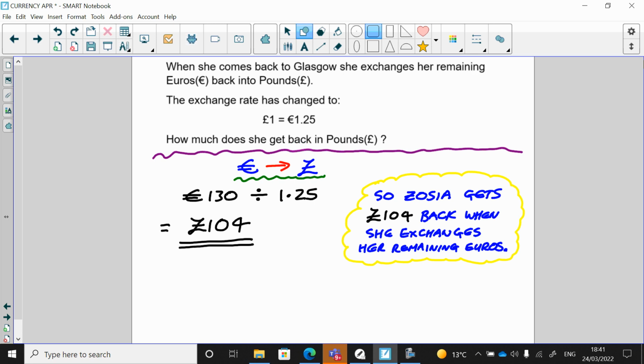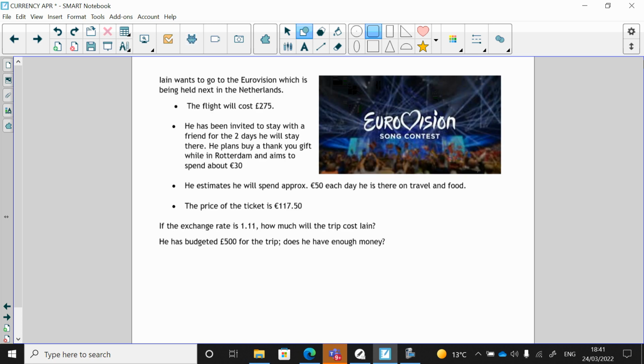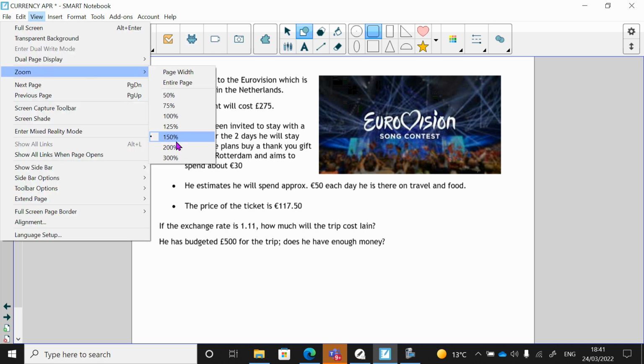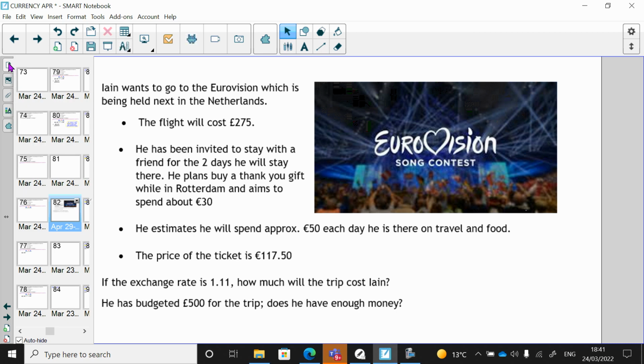Let's go for this last story. I'm going to make this a wee bit bigger, this one here, so you can see it. I'm just going to zoom in up to 200%. Oh, 200%. You love percentages. Right, okay. Before I deal with this, I'm just going to have a wee quick look.